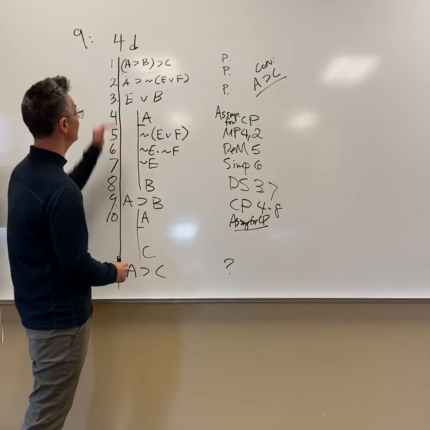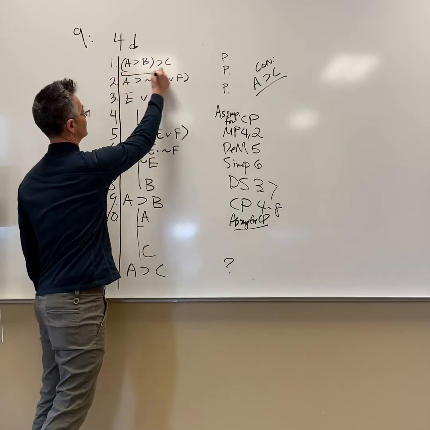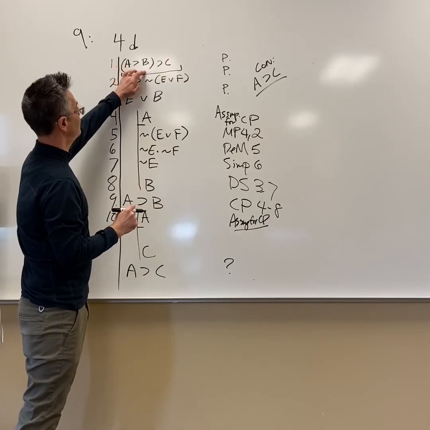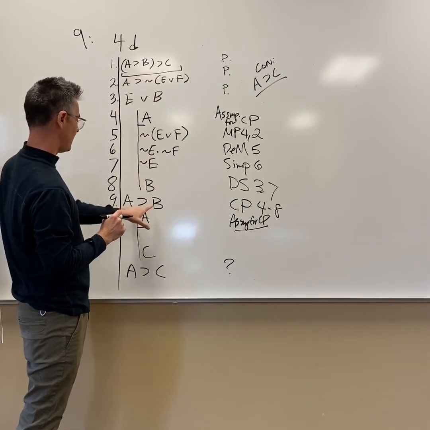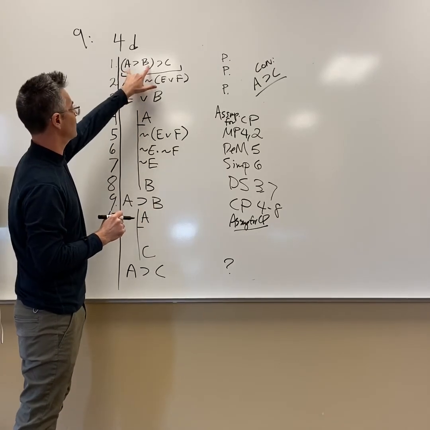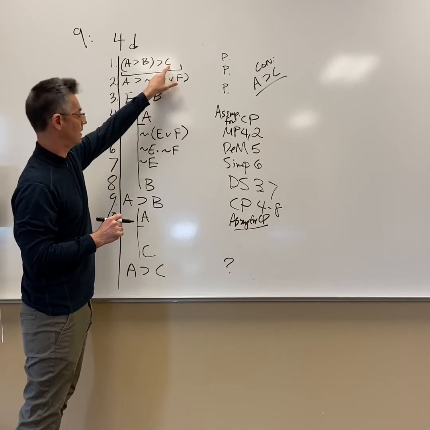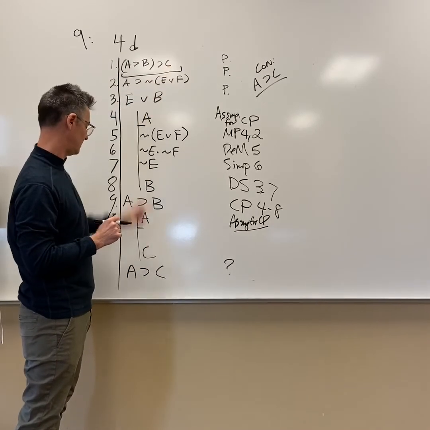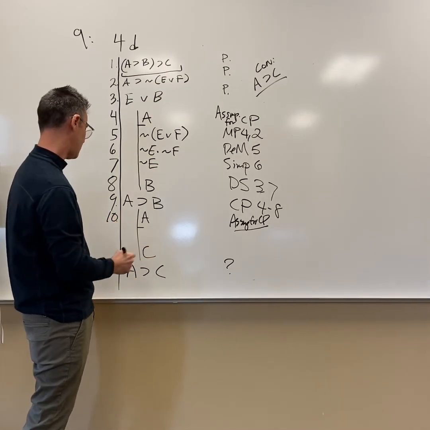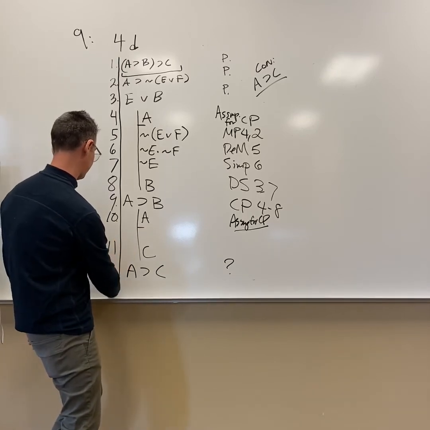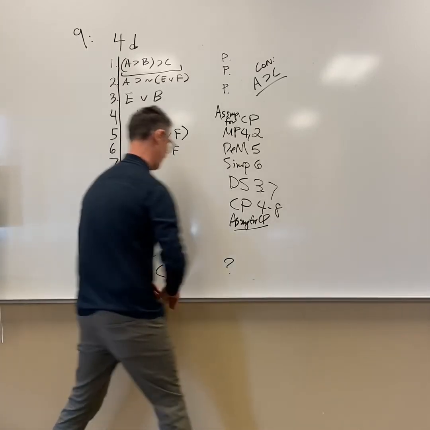But surprisingly, I go all the way back to the top, and notice I've got my if A, then B as one piece, and I've got that proved here. And that's just the first half of the conditional itself, with C as the consequent. There it is. So it turns out that I'm done. I've got step 11, C is provable.